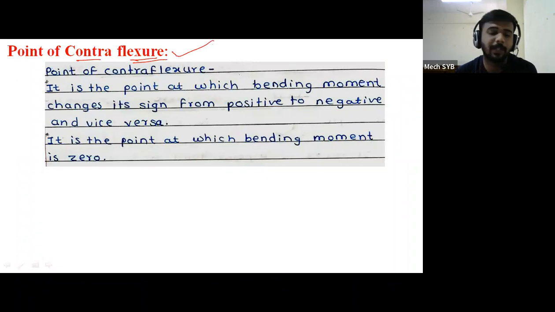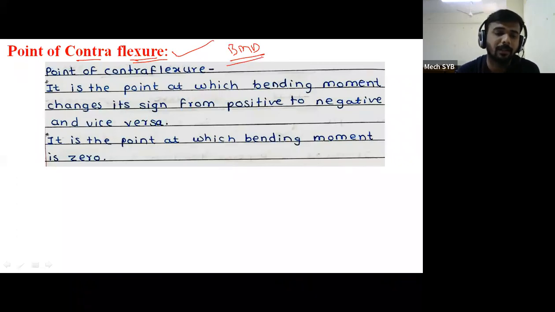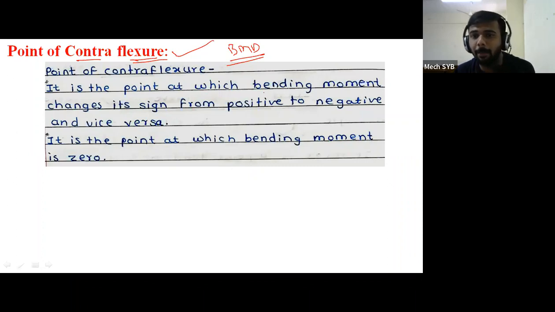And this point of contra flexure is totally visible in only bending moment diagram. And what is the definition? It is somewhat similar to the point of contra shear. फक्त एकच word different आहे. What is that? It is the point at which bending moment changes its sign from positive to negative and vice versa.